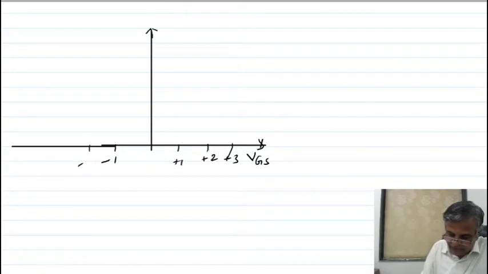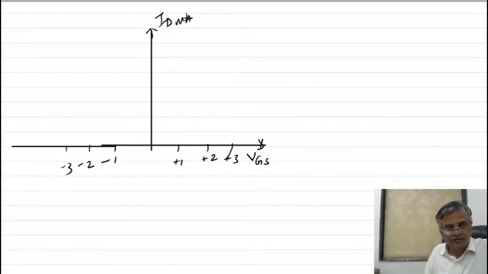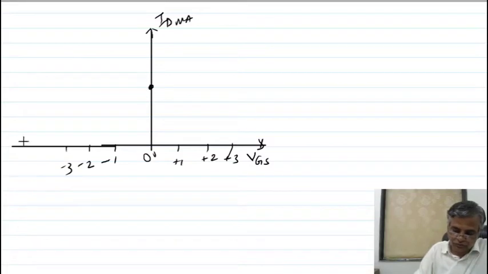and minus 1, minus 2, minus 3. This is your drain current, say in milliamperes. And we have seen that when VGS is 0 volt, current will flow. As you increase the negative voltage, current decreases.